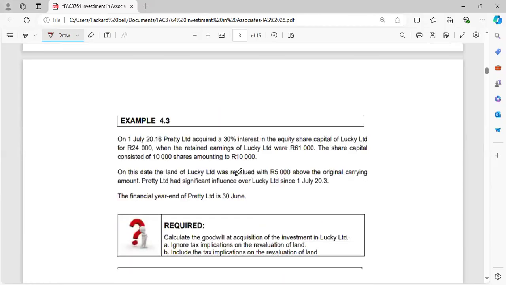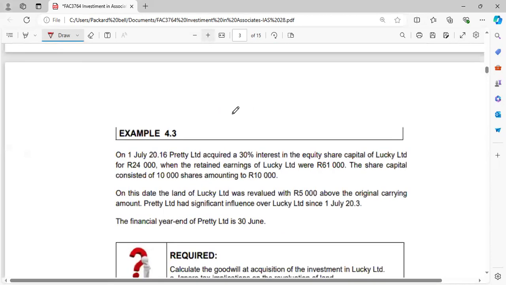Right, so let's look at this small example and see what they want us to do. On 1 July 2016, Prit Limited acquired a 30% interest in the equity share capital of LAC Limited for 24,000. This is the cost of the investment, when the retained earning of LAC were 61,000. The share capital consists of 10,000 shares amounting to 10,000.